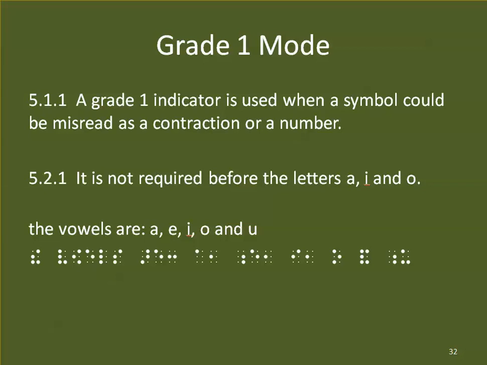E could be misread as the contraction for ever because it would have a space on one side, a comma that doesn't affect it, and a space on the other. So to make it be read as the letter E and not the word ever, we need a grade 1 symbol indicator in front of it. I never needs an indicator, O never needs an indicator. We have the contraction for and, that stays the same. And then we have a grade 1 symbol indicator for U so that we're not reading us.